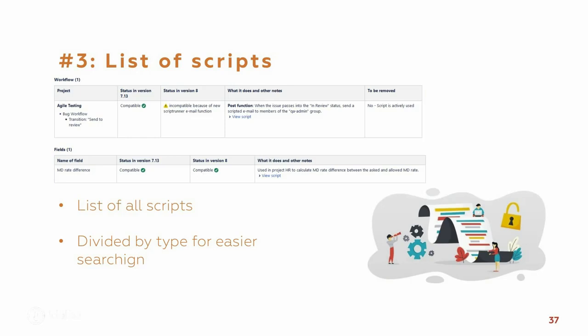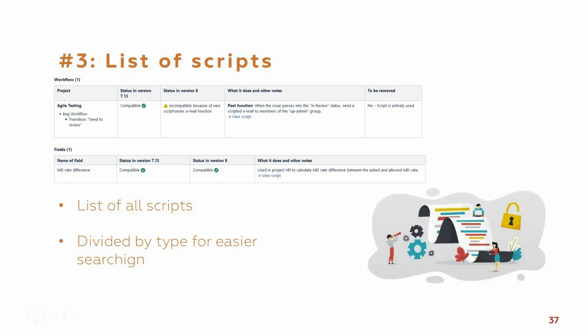In ScriptRunner for Jira, the function called script registry helps somewhat, but you might want to add other information that you need to know, such as compatibility with a future upgrade, what exactly the script does, and if it is still used in active projects, because if not, why not delete it then?